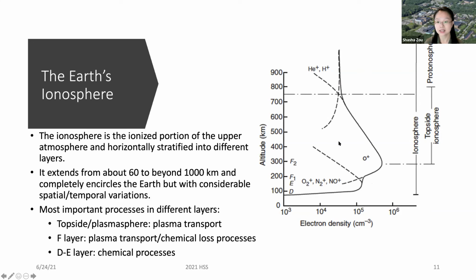So in the mid-latitude, if you continue further, following the magnetic field line from the topside ionosphere all the way into the equatorial magnetosphere, you will reach the plasmasphere. So the plasmasphere is the topmost regime of the ionosphere in the mid-latitude region.